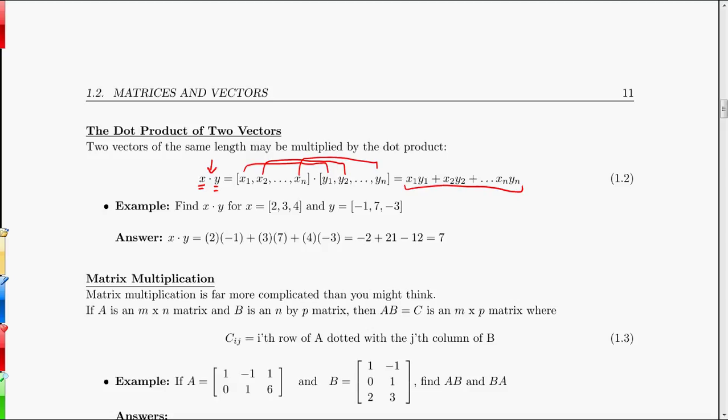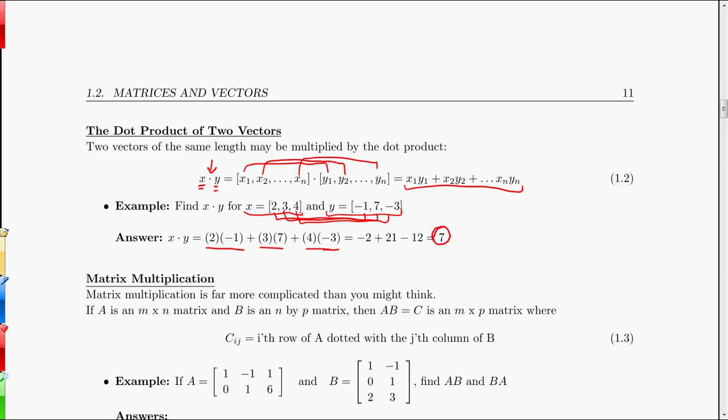So for example, if you have the vector (2, 3, 4) and the vector (negative 1, 7, negative 3), then the dot product is 2 times negative 1 plus 3 times 7 plus 4 times negative 3. That gives you negative 2 plus 21 minus 12, and it gives you 7.